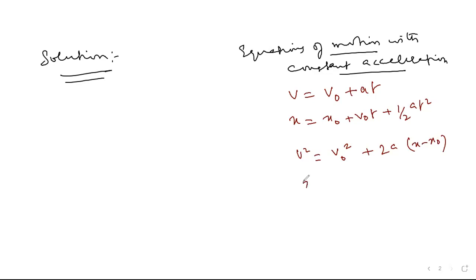And I can write two more. x = x0 + (1/2)(v0 + v)t. And there is one more. x = x0 + vt - (1/2)at².